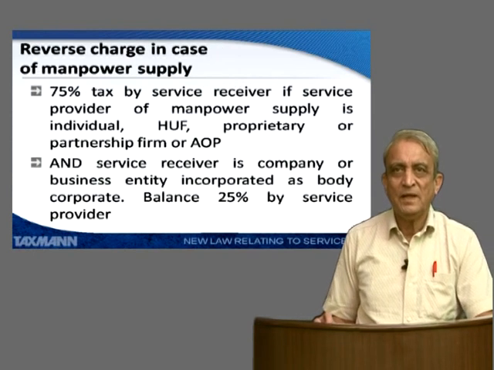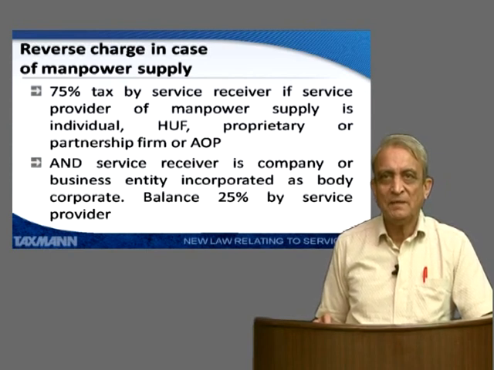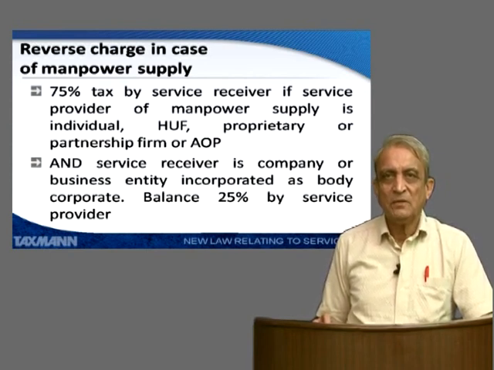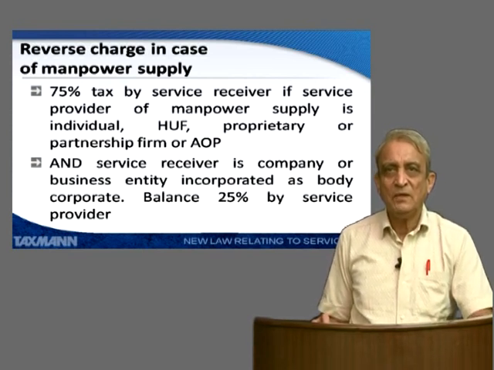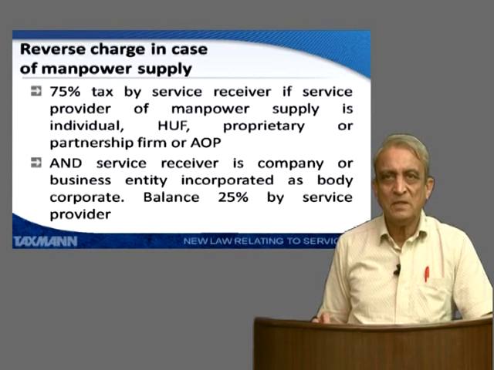The second service where reverse charge mechanism applies is manpower supply service. Now, in case of manpower supply service, the service receiver is liable to pay service tax on 75% of the amount if service provider of manpower supply is individual, HUF, proprietary or partnership firm or AOP.